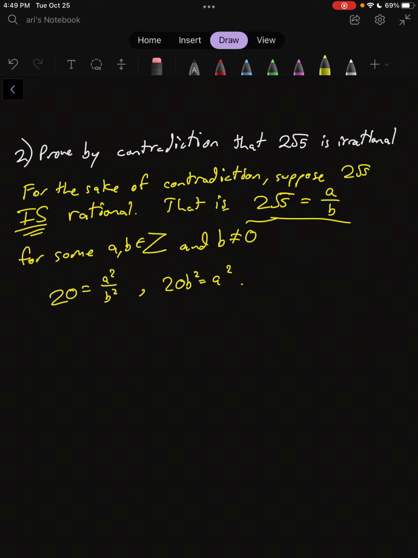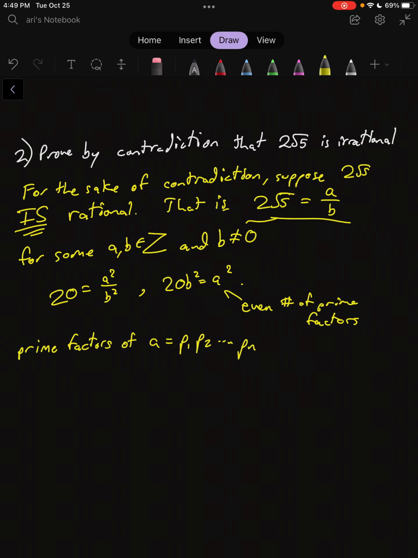So using that same logic, a squared has an even number of prime factors. And the way to write this out properly would be: prime factors of a equal p1, p2, pn.